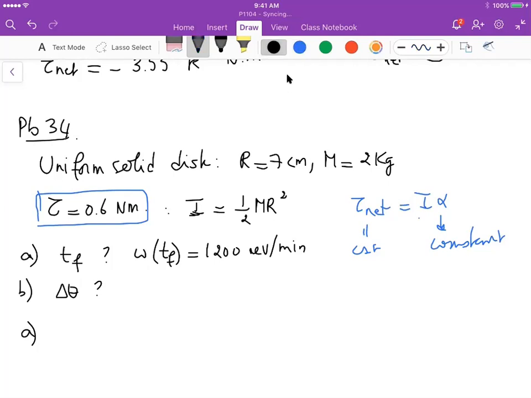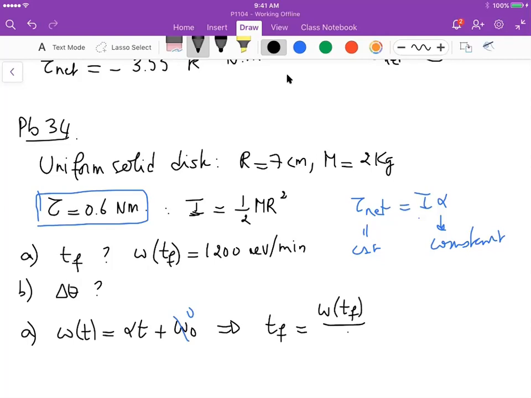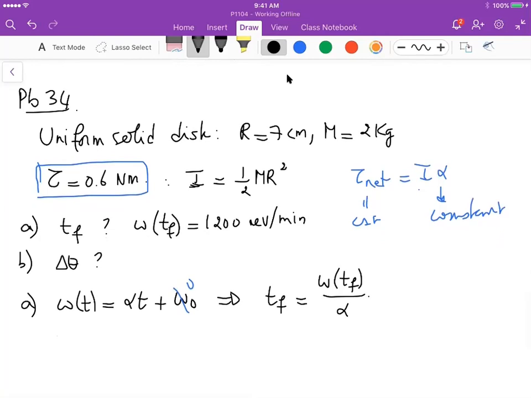And so we know already that omega as a function of time is given by alpha t plus omega 0, right? This is it. But we know that omega 0 is equal to 0 because it says it starts from rest. So already omega 0 is equal to 0. And so from here we can deduce that the time t final is given by omega at the time t final divided by alpha. Now, the problem is that we don't know how much alpha is, right?